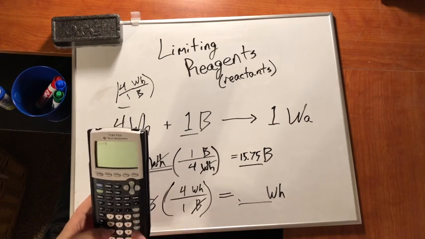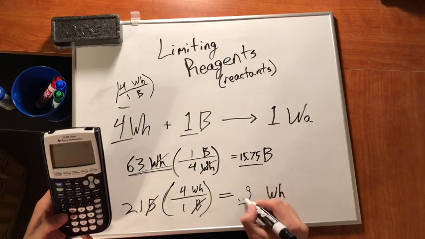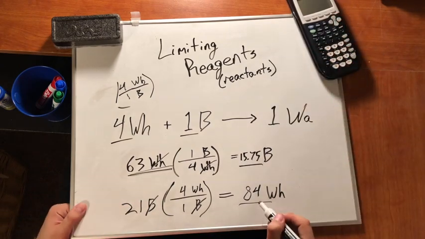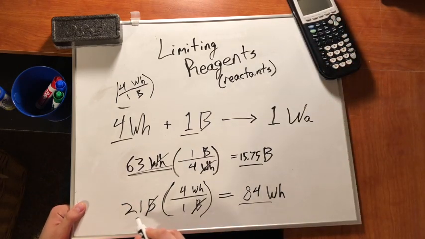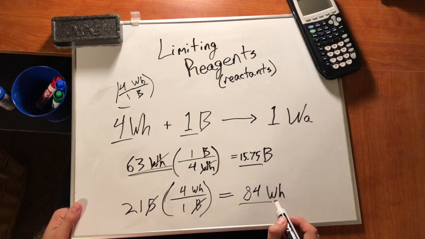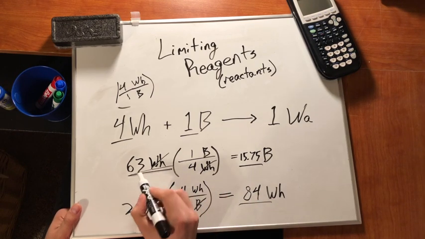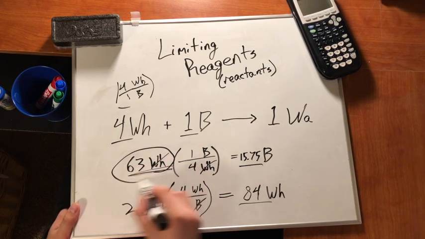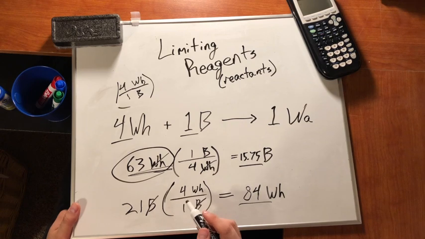Okay, so 21 times 4 is 84. Okay, so I can see that if I'm going to use 21 bodies, I need 84 wheels to do that. And I can see that, well, I actually don't have 84 wheels, right? We started with 63. So I'm limited in the number of wheels I have.